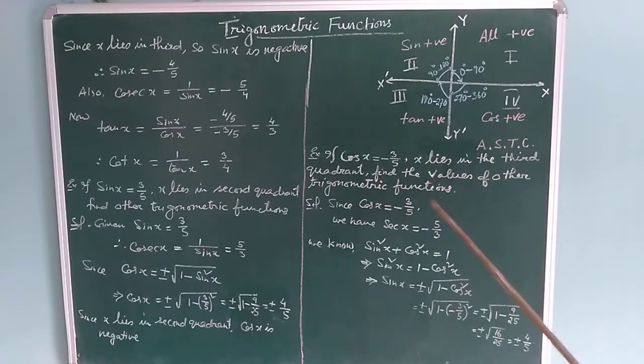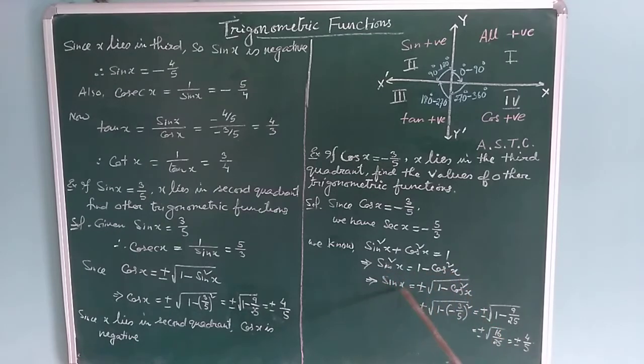That means if cos is given, we have to find sec, sine, cosec, tan, cot. Okay, so we start from the given; reciprocal of this gives sec. So sec is the reciprocal of this, so minus 5/3, and we know this relation. So from this relation we can find sine square x equal to 1 minus cos square x.